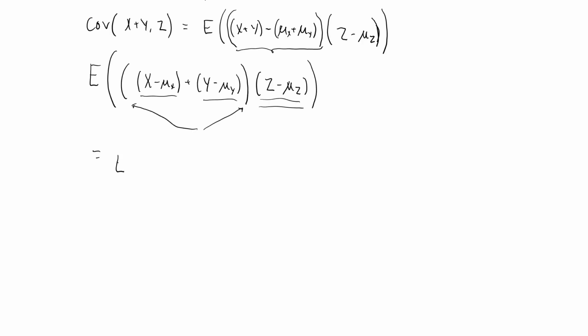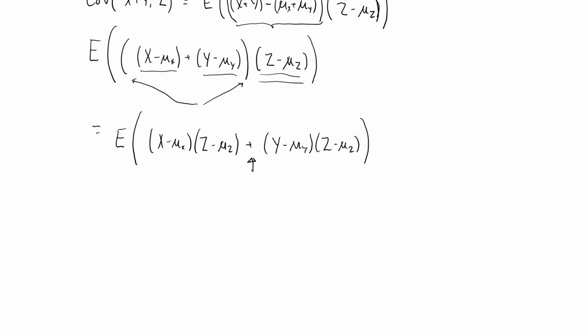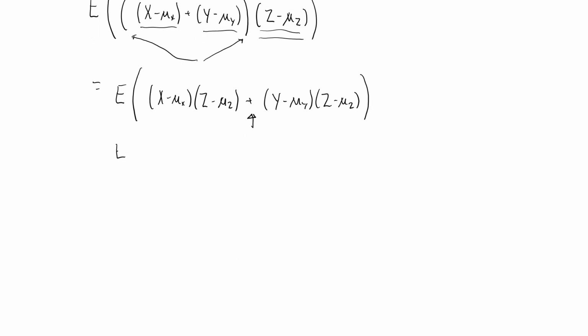So that is equal to the expected value of (X minus mu_x)(Z minus mu_z) plus (Y minus mu_y)(Z minus mu_z). I have a plus here, so I can move the expected value inside.